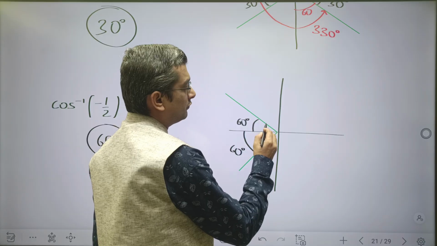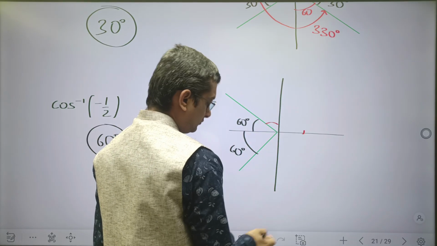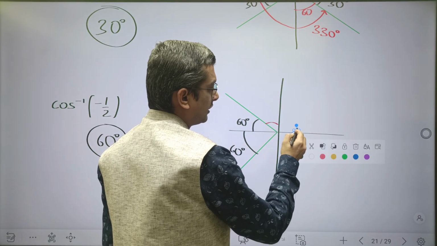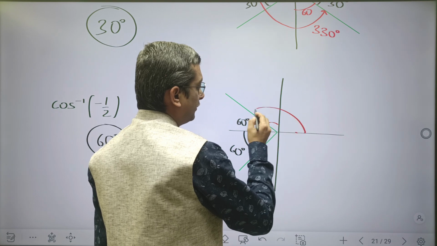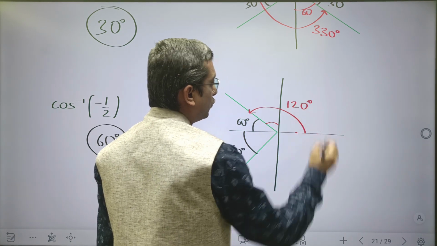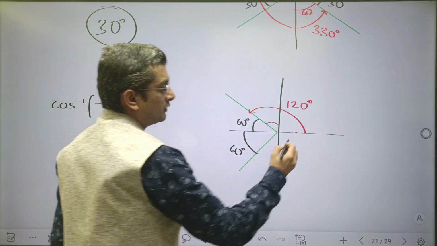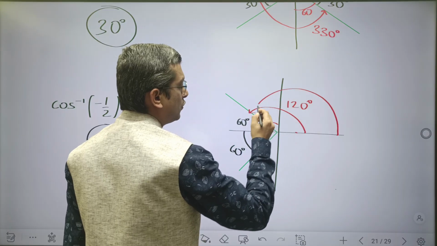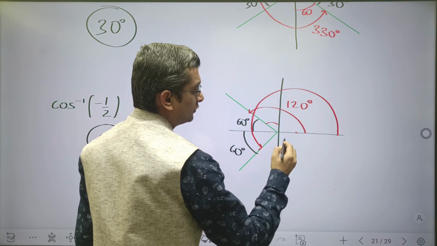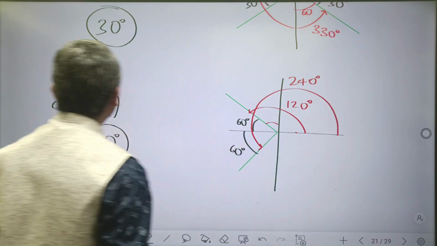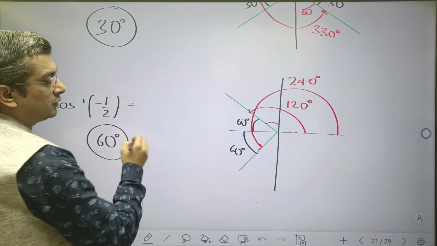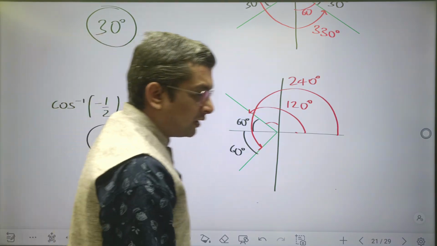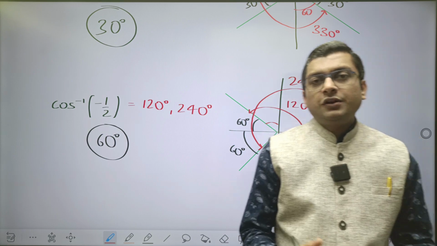If this is 60, then this will be 30 degrees. So the angle of this green line from the reference line, the positive x-axis, is 90 plus 30, which is 120 degrees. Now the angle of this line with respect to the reference line is 90, 180 plus 60, so this is 240 degrees. So cos inverse of minus 1 by 2 is either 120 degrees or 240 degrees. In this way, you can have many more examples, dear students.